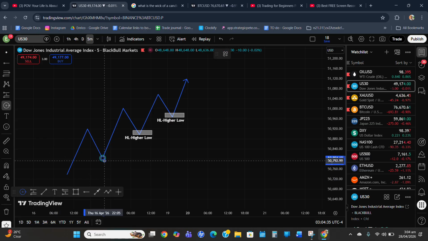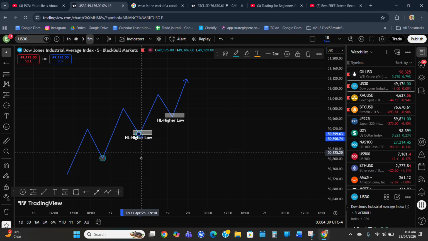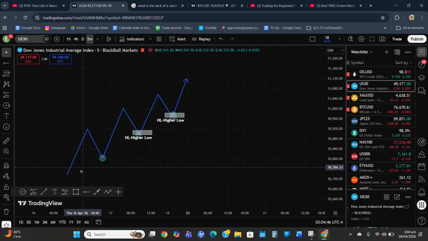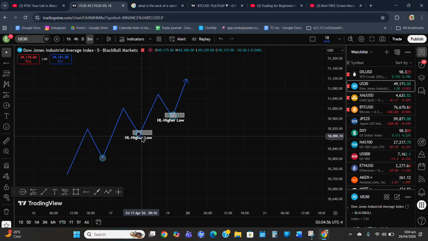This is a low, this is a low, and this is a low. So although the market is in an upward direction, we are coming down and creating lows.